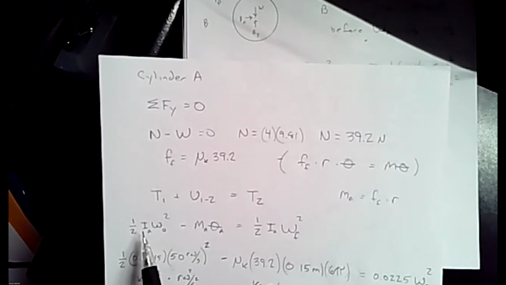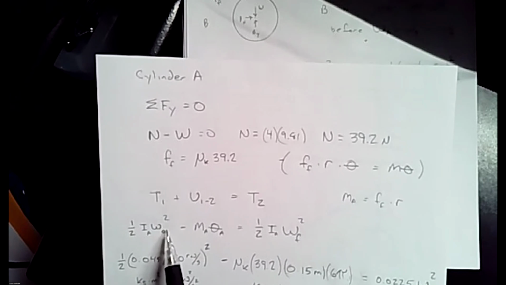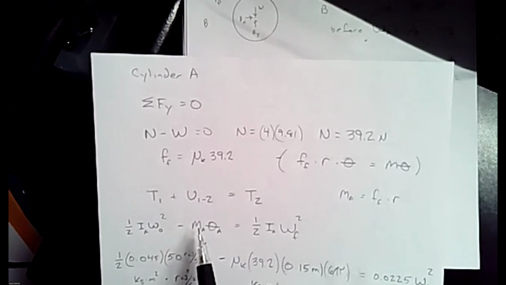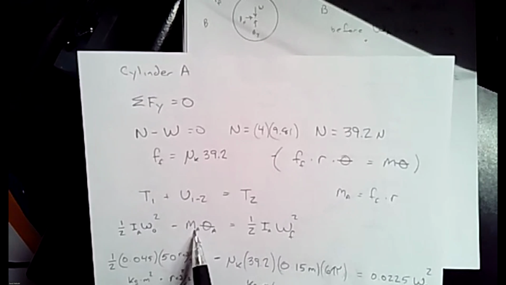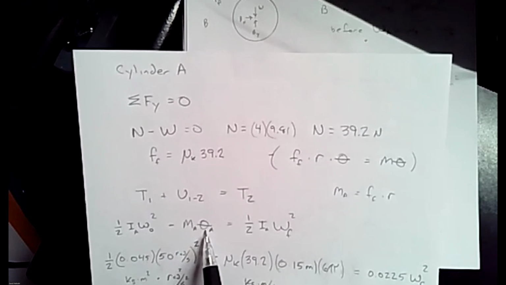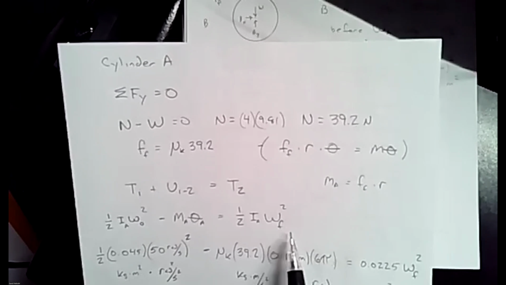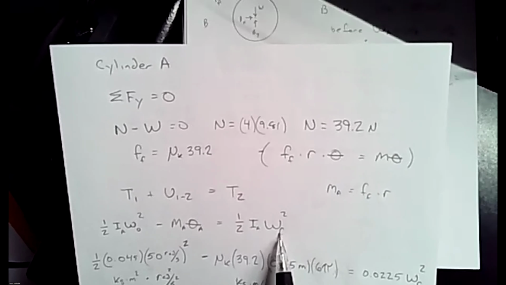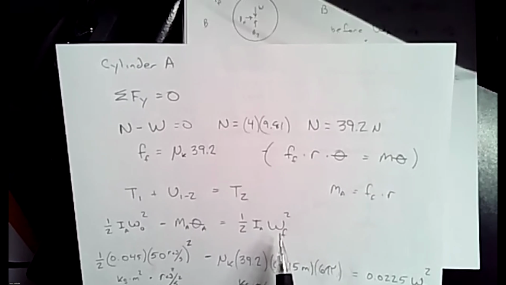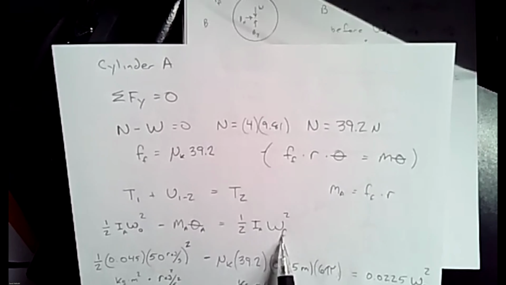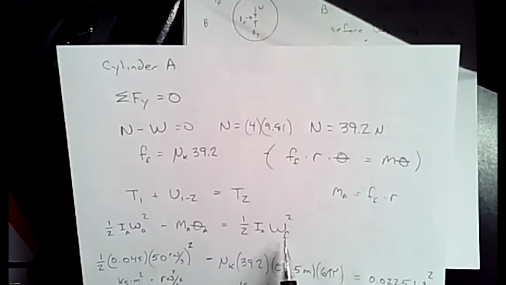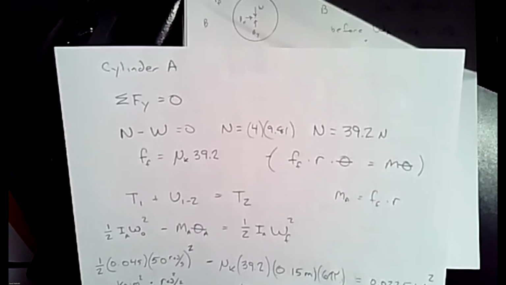In the first case, we have the kinetic energy of disk A moving. It's going to lose energy based on the friction moment M_A times theta, and that's going to give us our 1/2 I_A omega final. I'm labeling that omega final because we know both omega finals for A and B are the same, so we can just leave that as F.